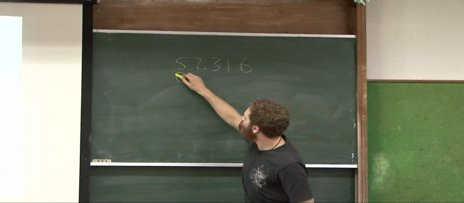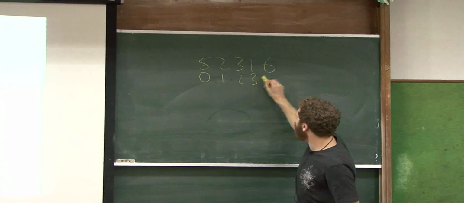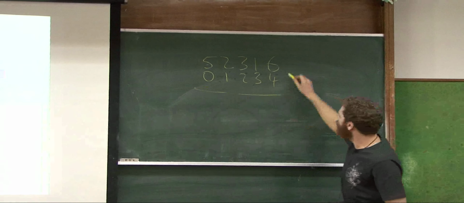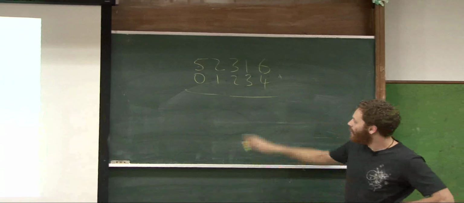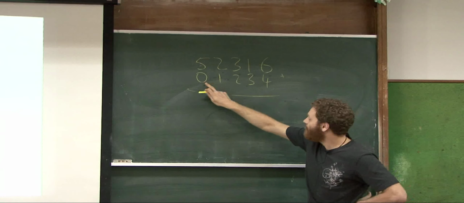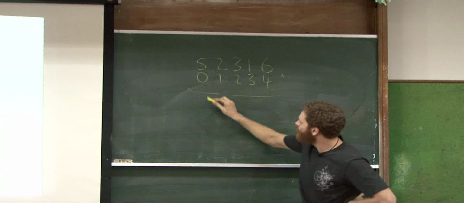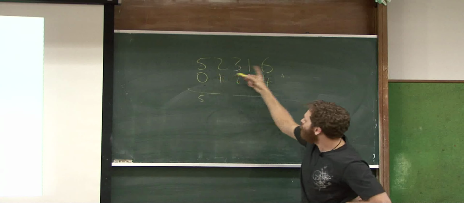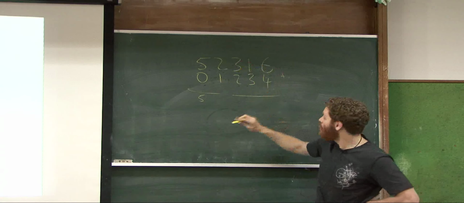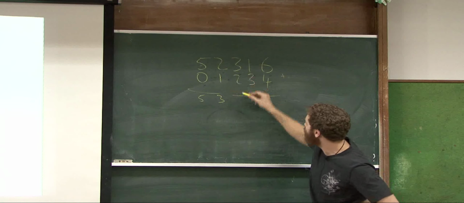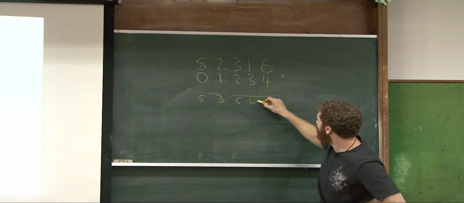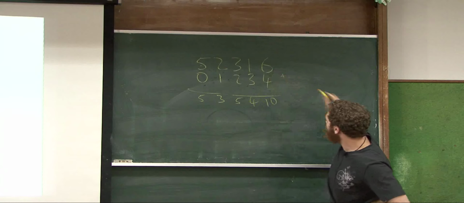Using the permutation test, I take the string 0, 1, 2, 3, 4 and add each of these digits to the digits in my original string. So here we've got 3, 5, 4, and this one's 10.